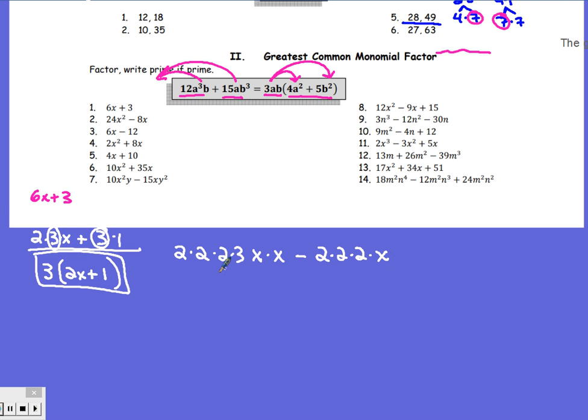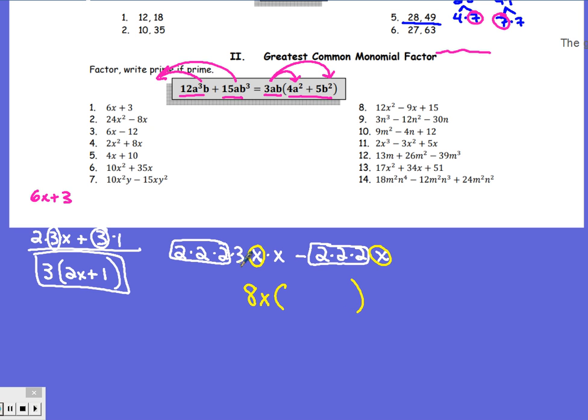Maybe it's not necessary to break down all the way to the prime factors if you see they have an 8 in common. So you could just say 8 times 3 and 8. They both have an 8 factor, and they also have an x factor, so you can factor out an 8x.